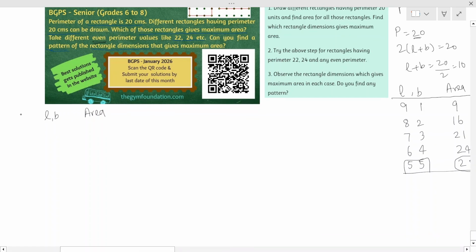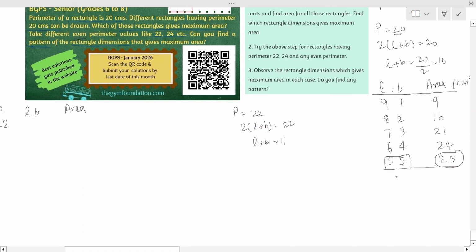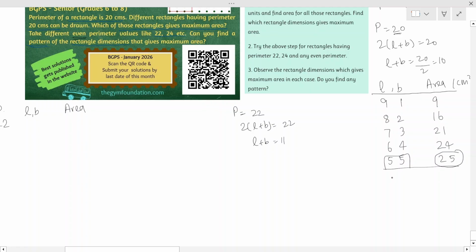For example, when you have a perimeter of 22, you can check which length and breadth would give that. So 2 times (L plus B) is 22, and so L plus B is 11. So you can put a same table wherein you get which values add to 11.